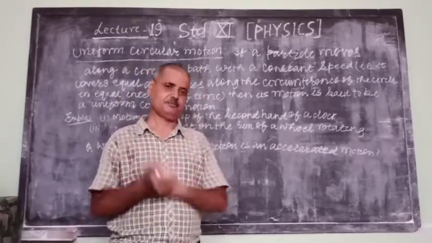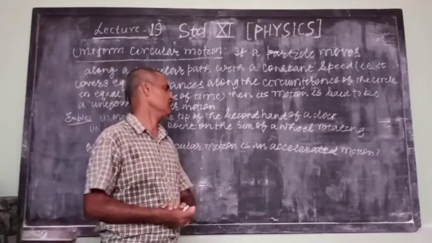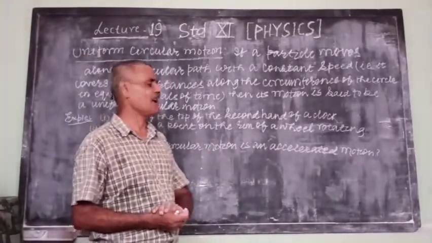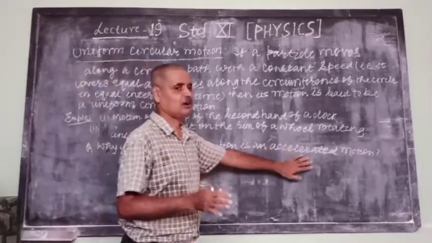There is a question: why is uniform circular motion an accelerated motion? How can it be explained?